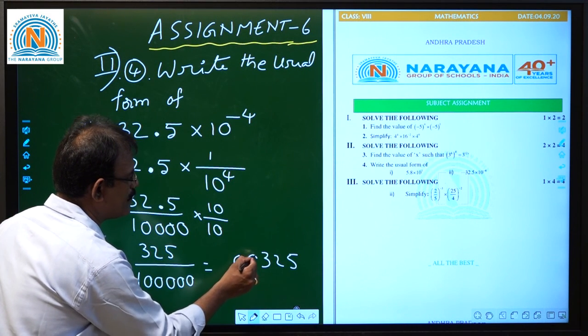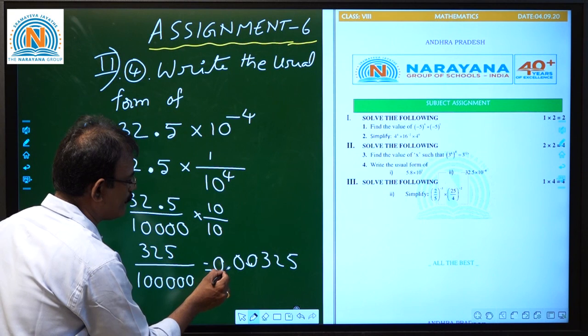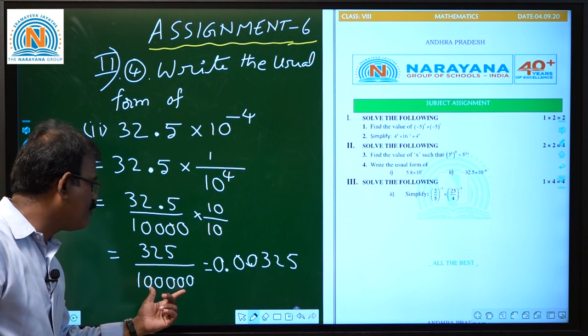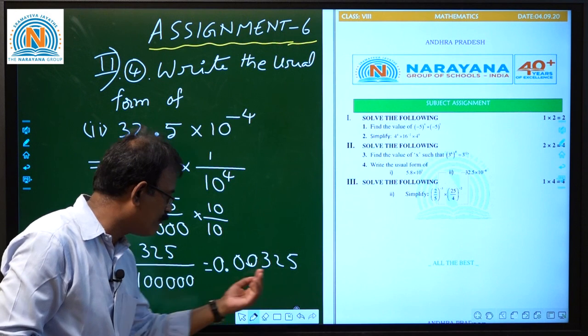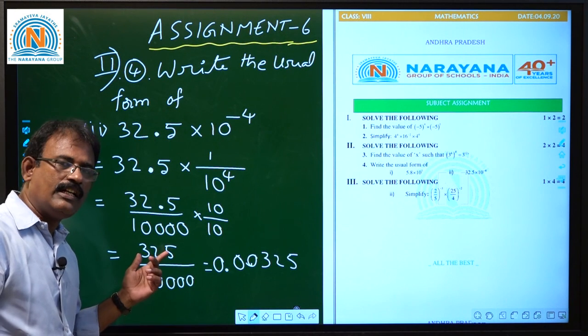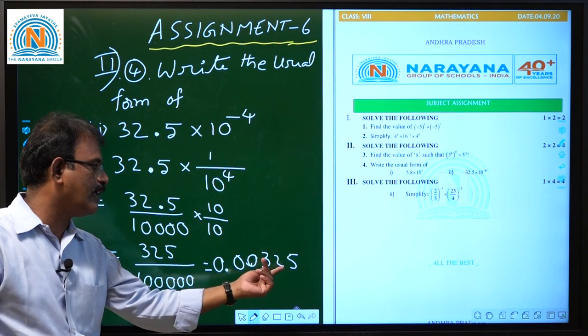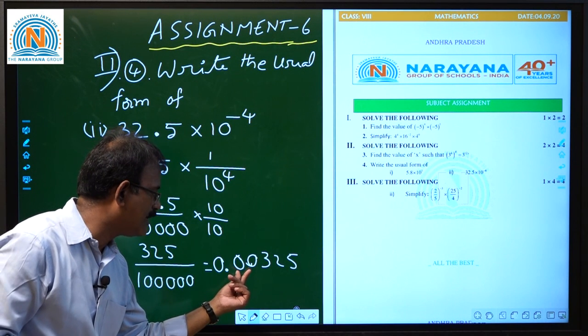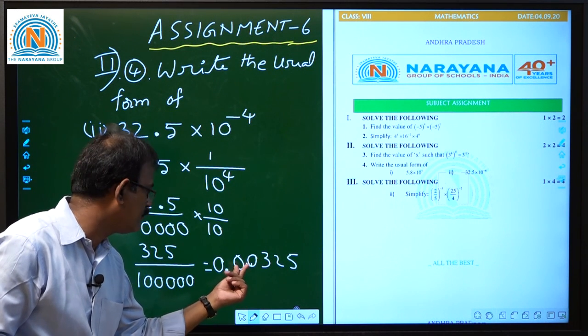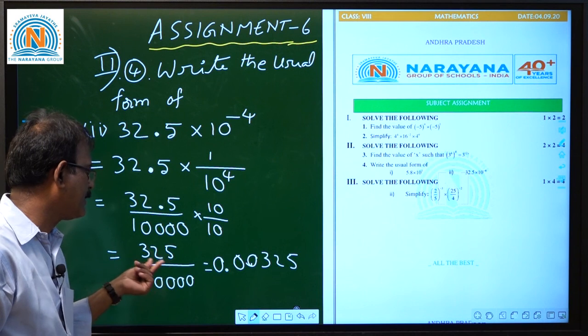Again, if you are expressing it in decimal form, as it is a small number, we have 5 zeros in the denominator, so we need to keep the decimal point 5 digits before. But we have only 3 digits in the numerator. So instead of the 4th digit and 5th digit, let us keep zeros, as we don't have 4th and 5th digits in the numerator.